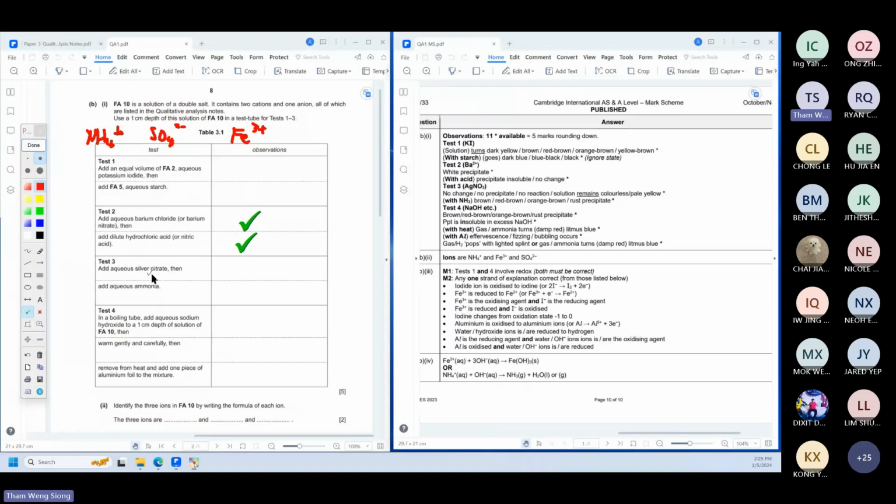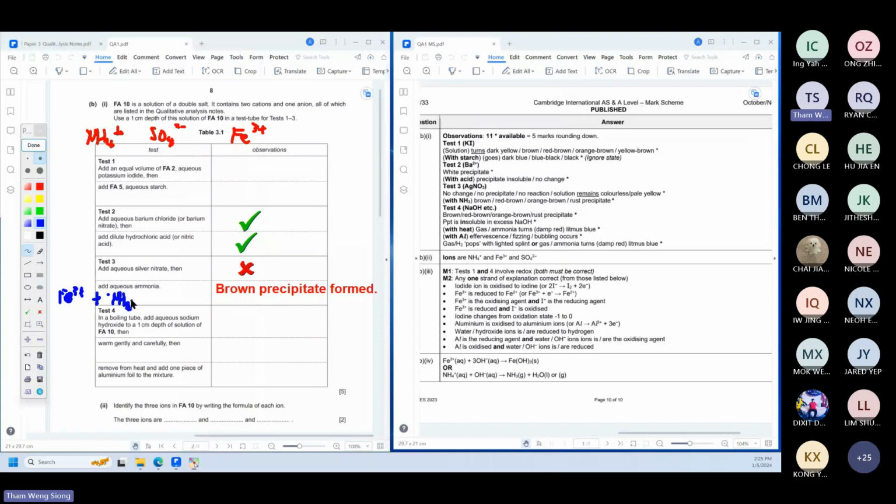Now, for test 3, it's silver nitrate. However, when you add this one, you may say no change. However, you form a brown precipitate, because in this particular one you actually have the Fe3+ reacting with the ammonia.